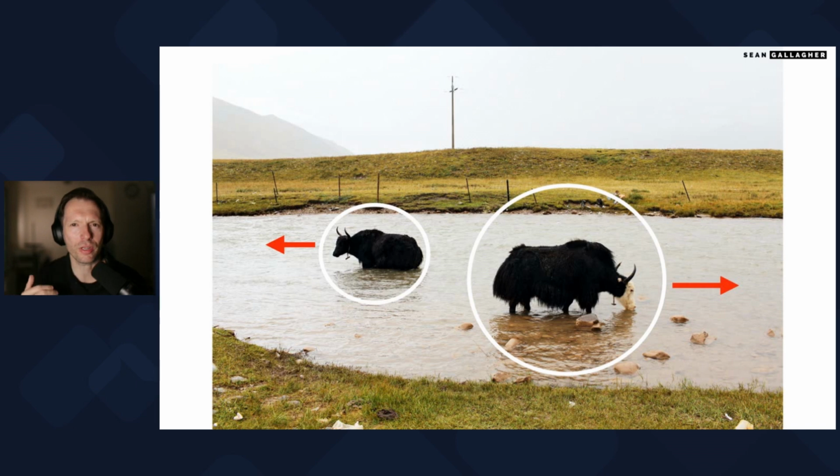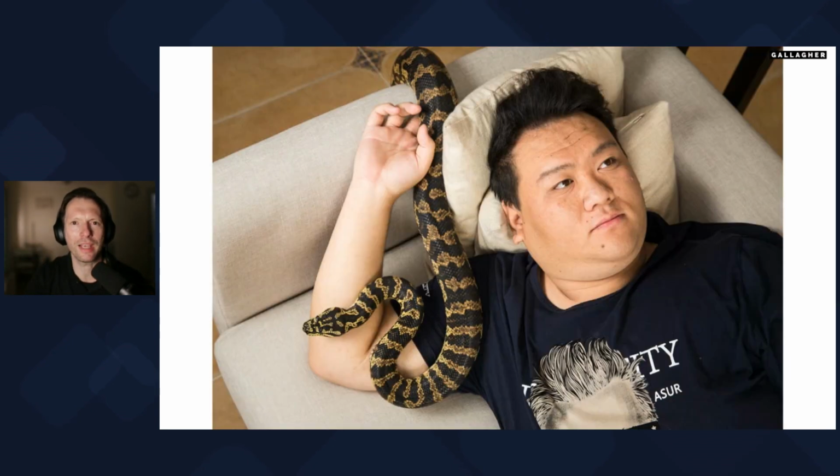But in contrast to the image with the horses, you can see in this image, like in the one that we just looked at, the boys in the flooded ruins in Jakarta, the position of these two yaks are facing away from one another. So again, it's creating this interesting dynamic. You're not just focusing on just two things, but you're also thinking about how those two things are playing with one another and kind of interacting with each other.